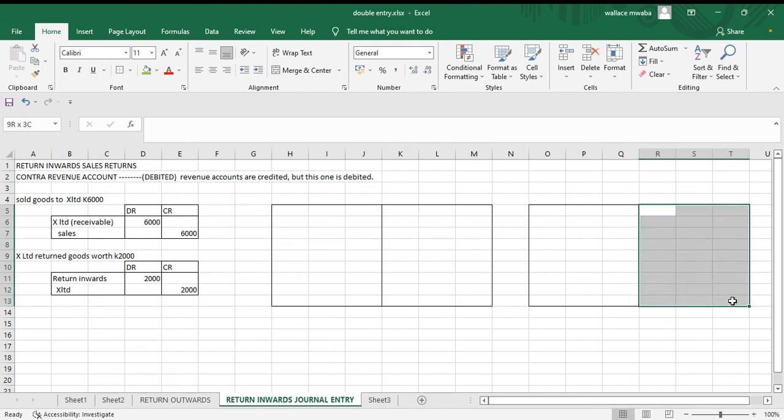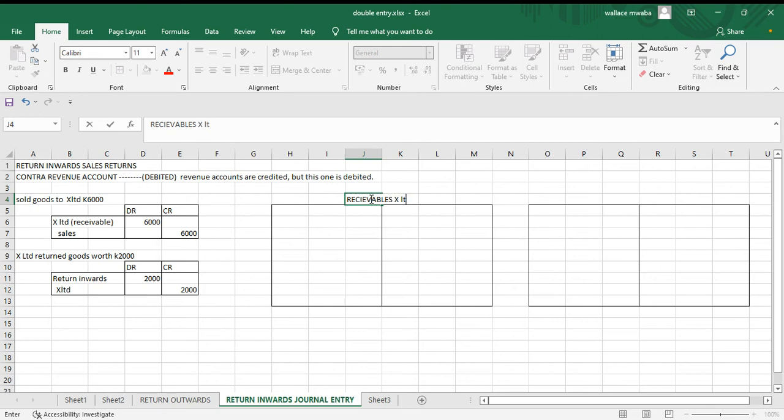This is our receivables account, in this case just X Limited. We debit our receivables 6,000, and we credit the sales account 6,000.